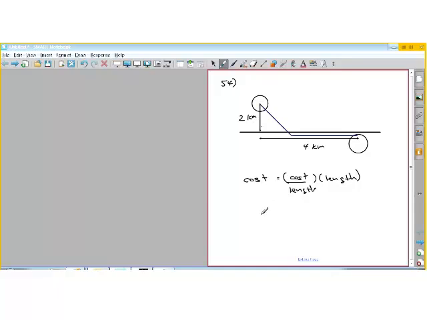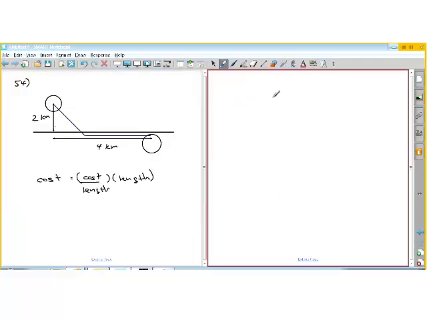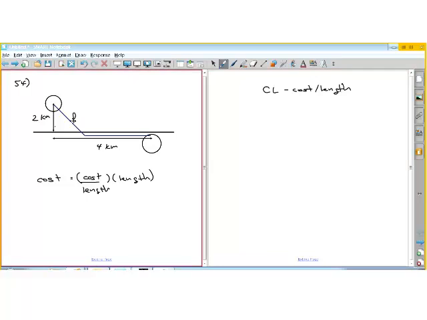And what we know is that the cost per length for the ocean is twice as expensive. So let's call it CL, cost per length. And we don't actually have to know what that is. We just need to know that the ratio is twice, this value is twice as much as on land. So let's just call this L1, and we'll call this L2.